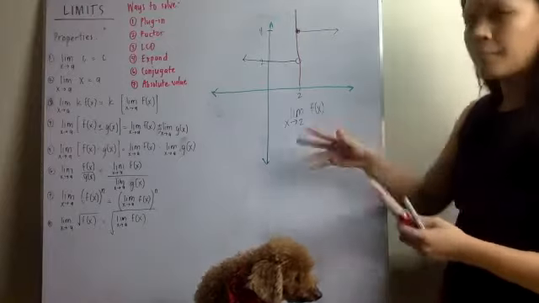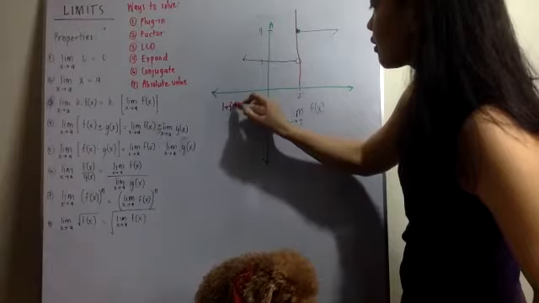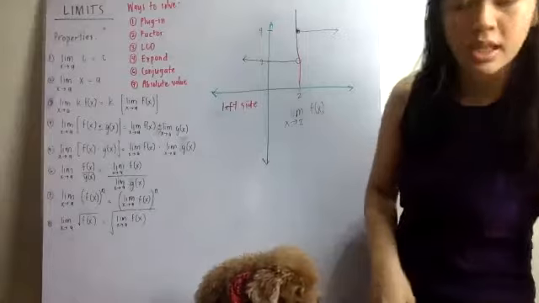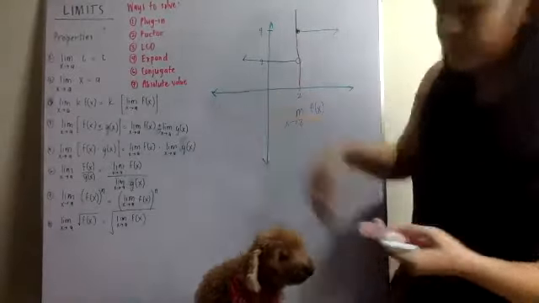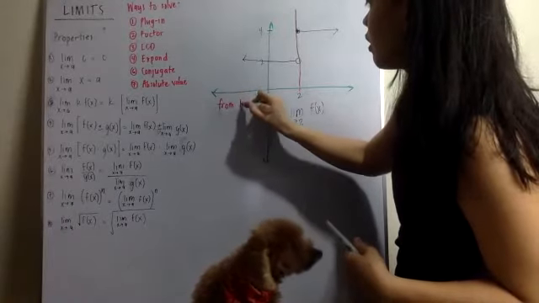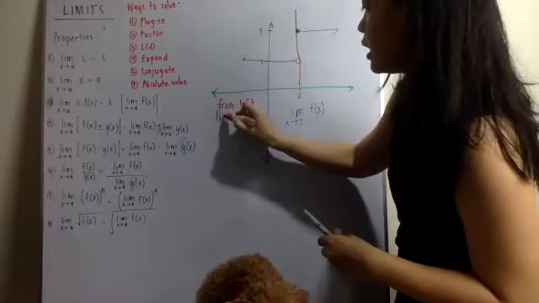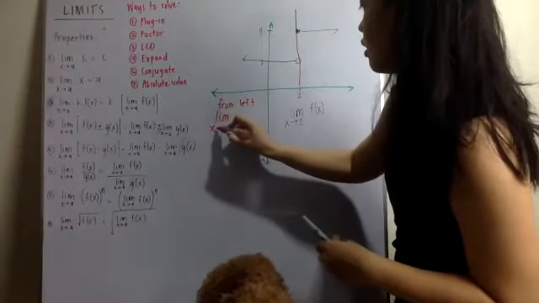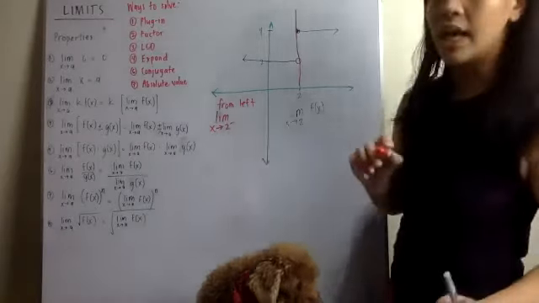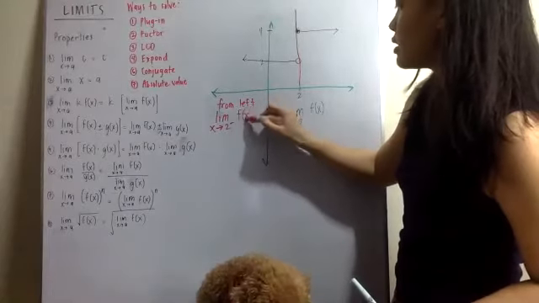So, paano naman kapag right side or left side? When we're looking at the left side, or from left, sorry. Mas tamang sabihin na from left. Ito yung natin, limit as x approaches 2 from left side, okay, merong minus sign dyan or negative sign of f of x. Okay?